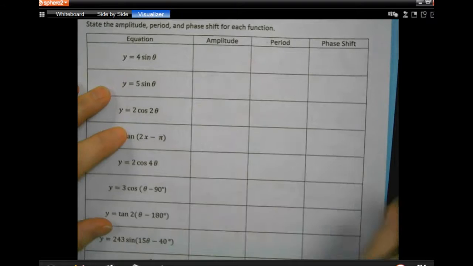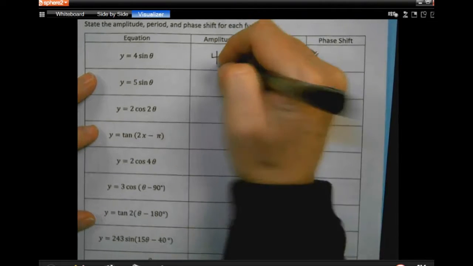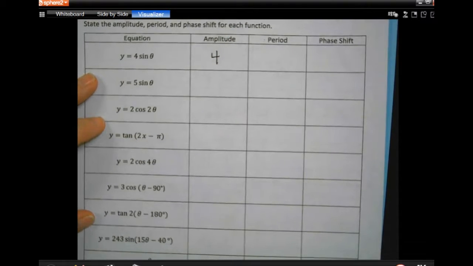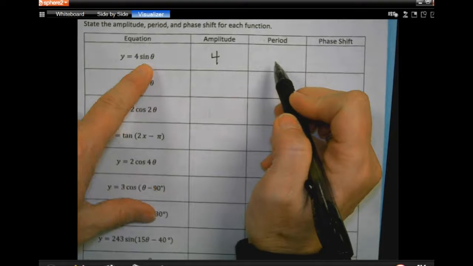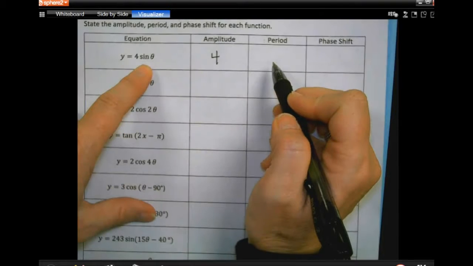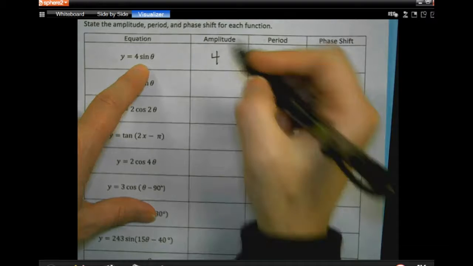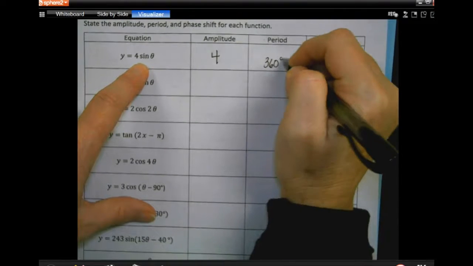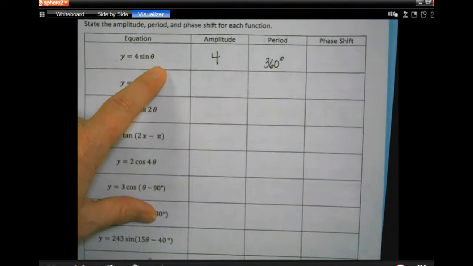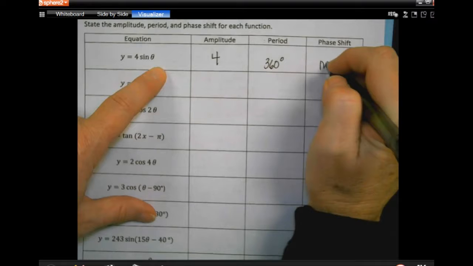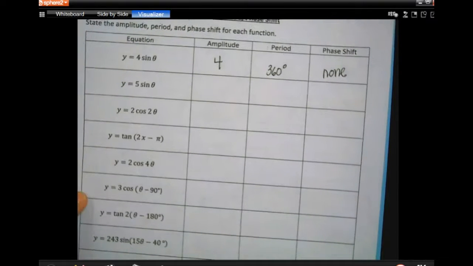So first of all, what's the amplitude? 4. So what's the period here? 360. It's 360 because it's a theta, so it's in degrees, and there's a 1 in front of it. Do I have a plus or minus? So I have none on the phase shift.